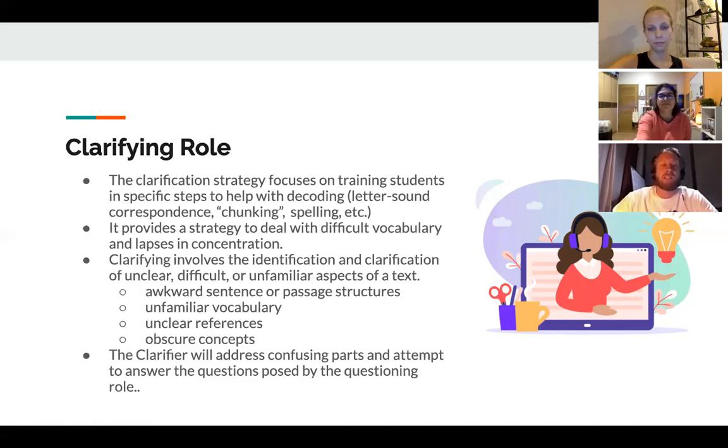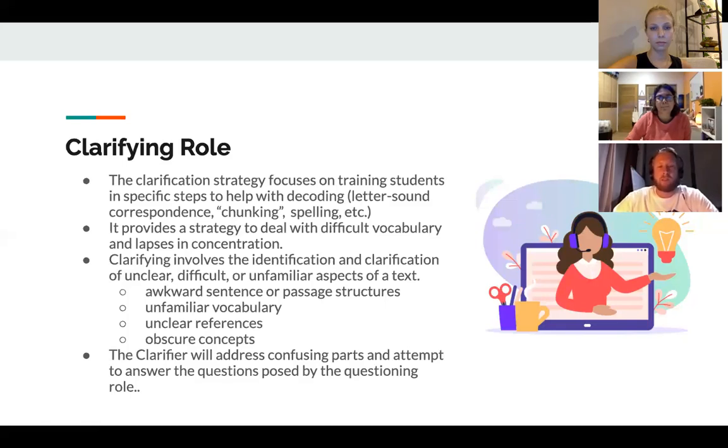Clarifying also involves the identification and clarification of unclear, difficult, or unfamiliar aspects of a text. Especially when we start getting into educational text, there are going to be a lot of words that might pop up. There might be a lot of themes that are going to pop up that we don't quite understand. And it's imperative that the students and the teachers model, as we covered earlier, that we want to look those up in real time so we understand the text as we go.